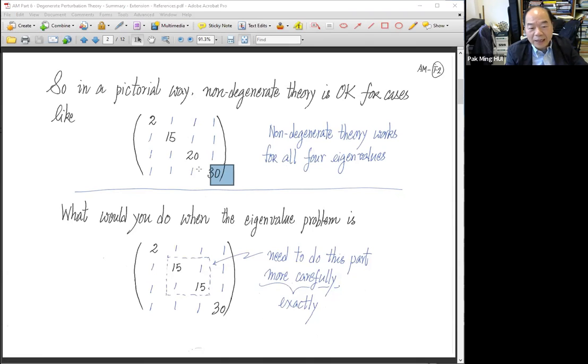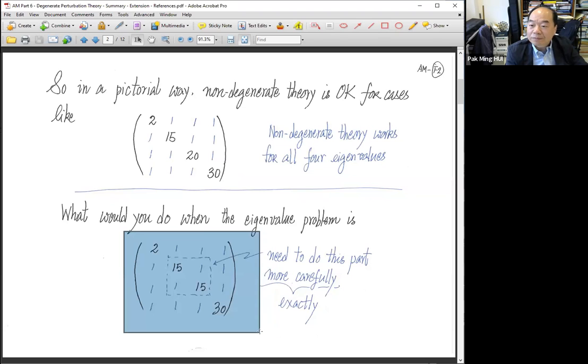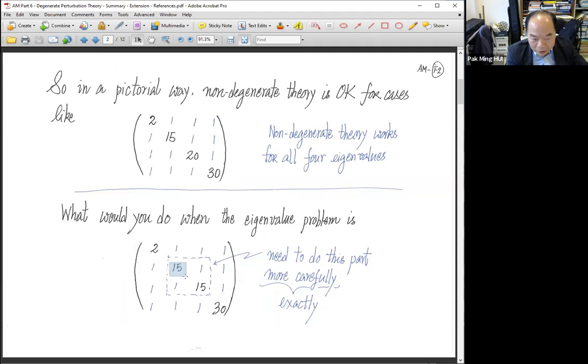Okay, so now let's look at the degenerate situation. The question is here. If you have this problem, what would you do? Let's say we have two eigenvalues, 15, 15. If we ignore all the ones, they are the same.